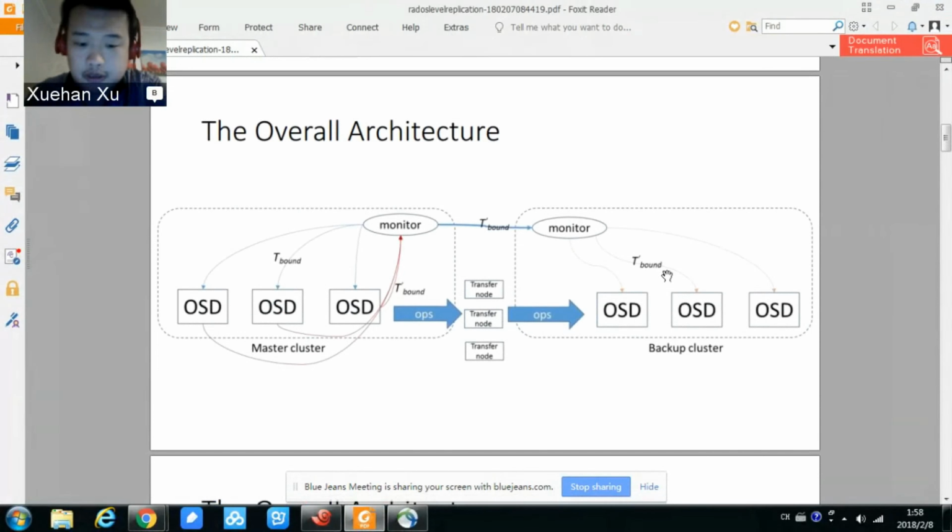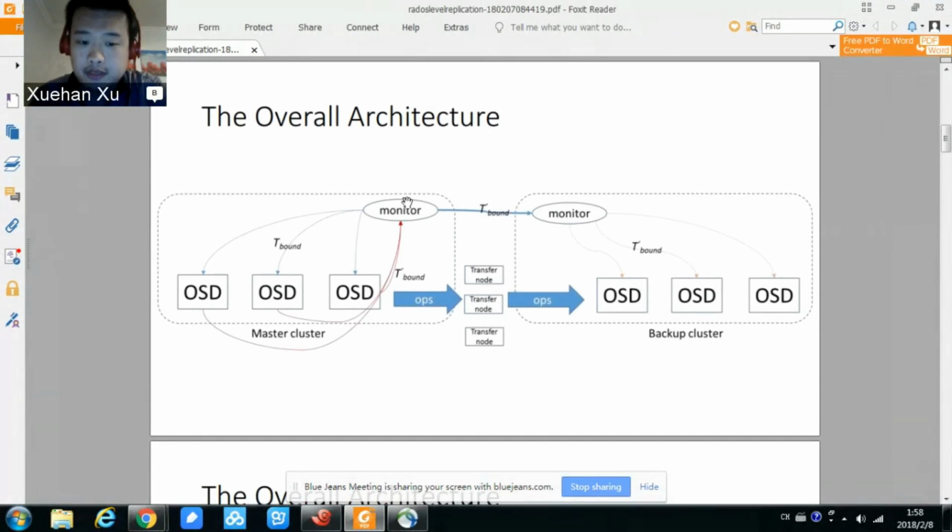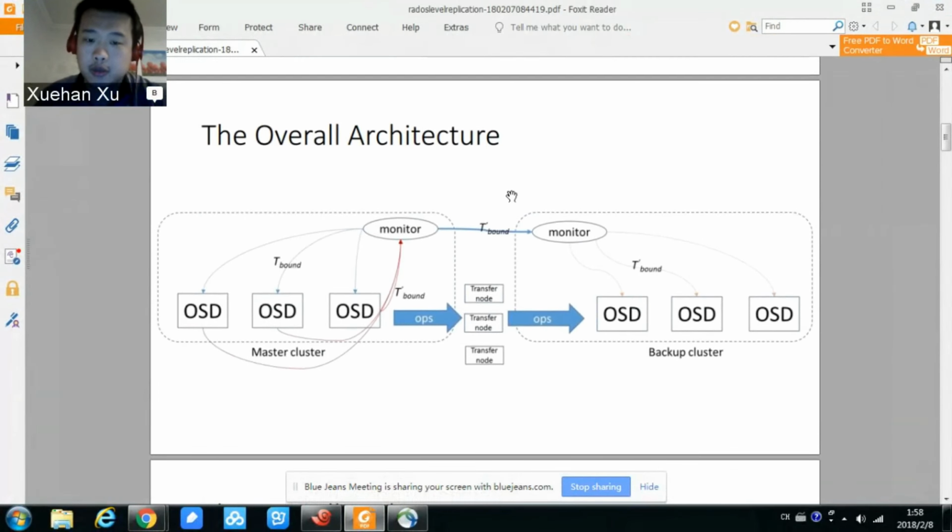Now the first section is the overall architecture. As discussed in previous CDMs, I think maybe the overall architecture of Redis level replication can be like this. Generally speaking, there are two separate procedures in this whole replication.